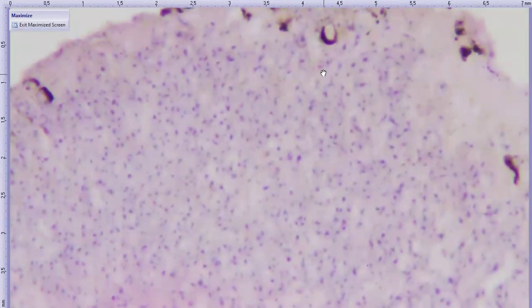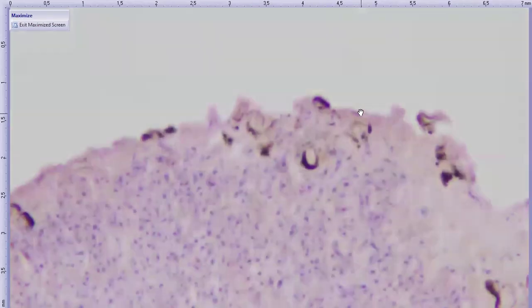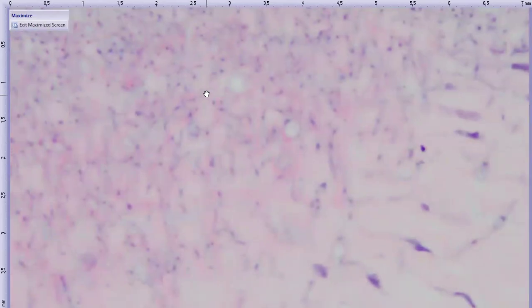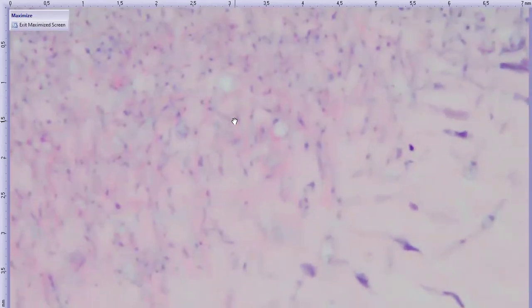We can go a little bit closer. All that pigmented stuff is pigmented fungal hyphae, fungal conidia. Sometimes they're parallel, sometimes they have bulbous walls.